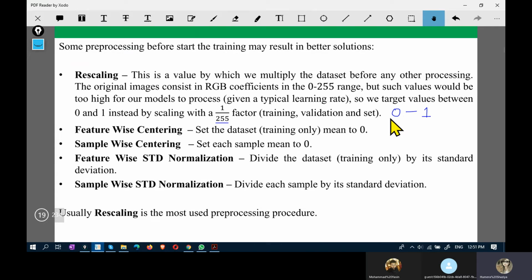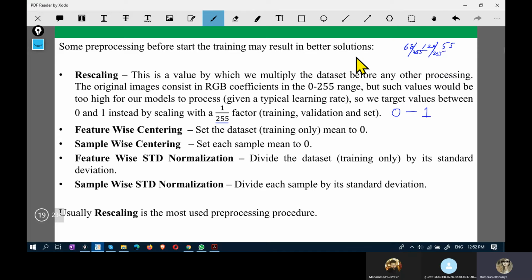Actually, the pixel values you saw earlier, the 68, 129, 55, these are the pixel values. In order to rescale and in order to have standard values for the pixels, every pixel value is divided by 255. 68 by 255, 128 by 255.